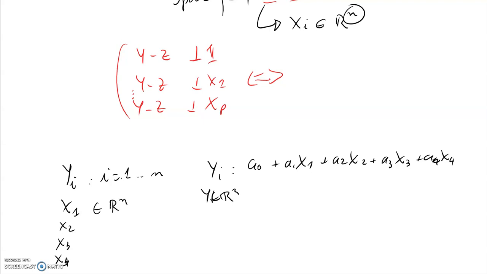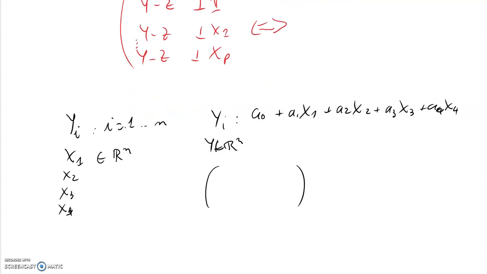I want you to write the same kind of matrix equation we obtained earlier. Sorry, we've got only 4 coefficients, a1, a2, a3, a4 here. What comes here?